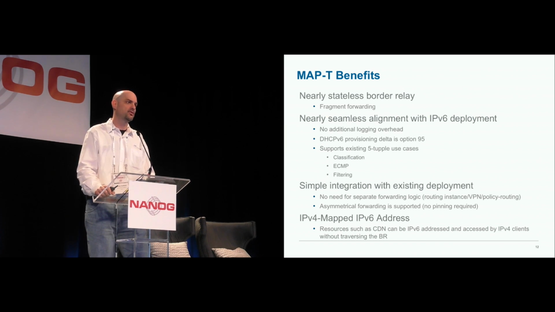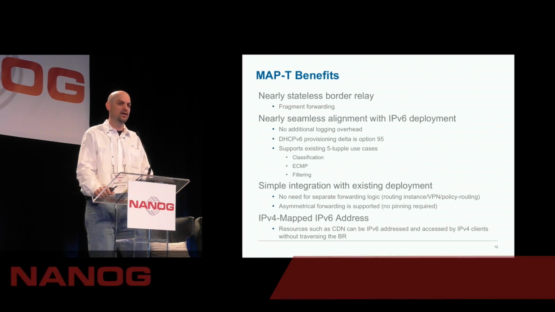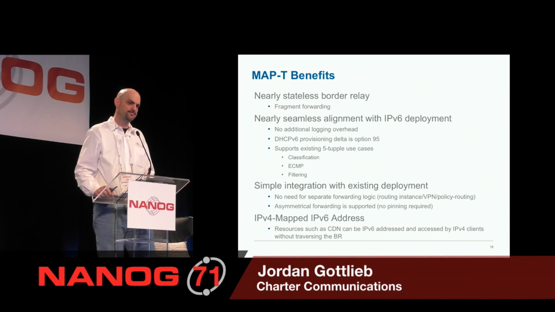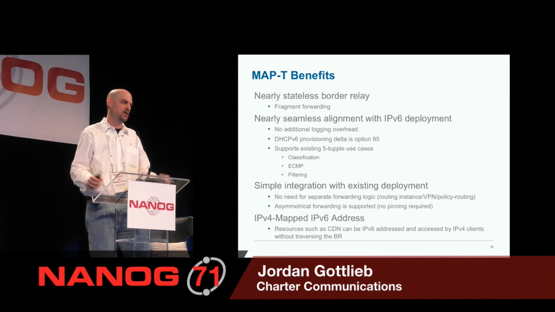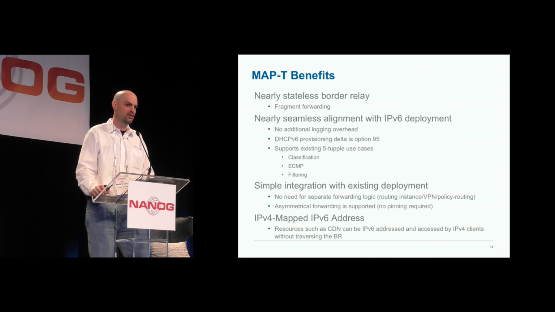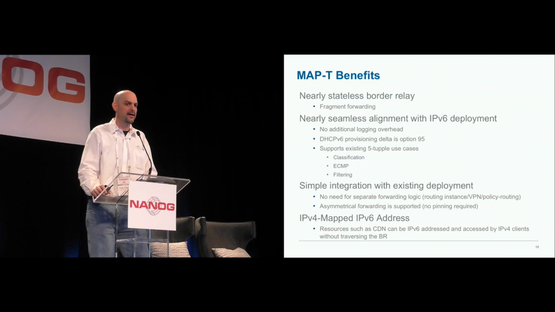It's very simple to match a particular internet transaction of IP address and port with a particular subscriber with, beyond the DHCP lease notification, no additional logging. Extending DHCPv6 to support MAP-T is just a delta of an option 95.